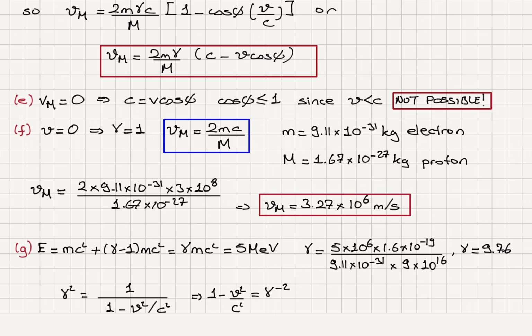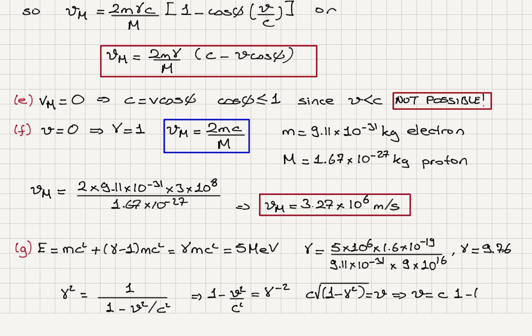So if I look at 1 minus gamma to minus 2, that's v square over c square, multiplied by c, and take the square root, I obtain c square root of 1 minus gamma to minus 2 is equal to v.